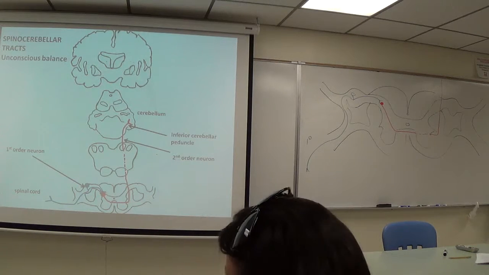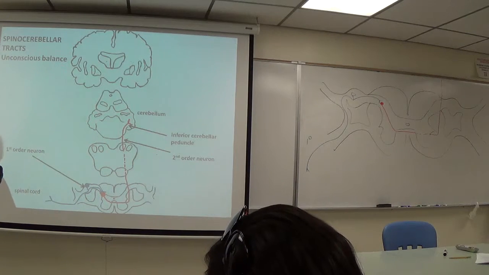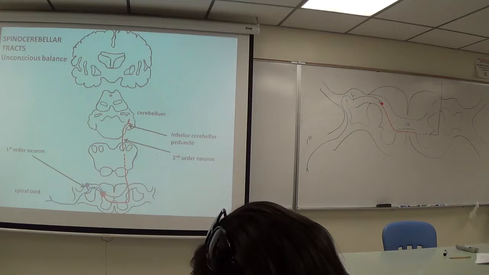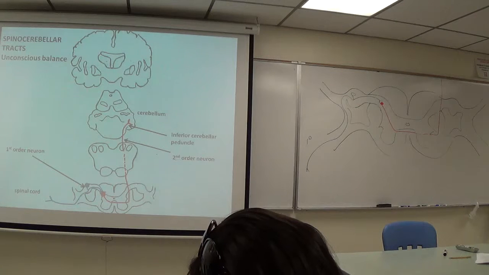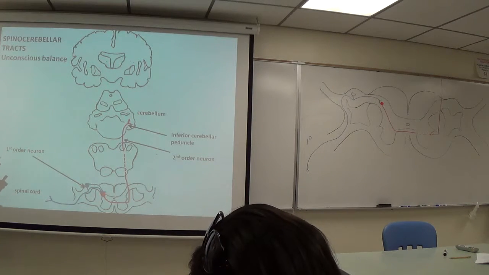So I consciously know if I have my eyes closed and I'm trying to touch the back of my neck, that's a conscious proprioception of where my body parts are, all right? But if I'm not thinking about it and I'm just doing movements, I have incoming proprioception that's going to end up in my cerebellum.